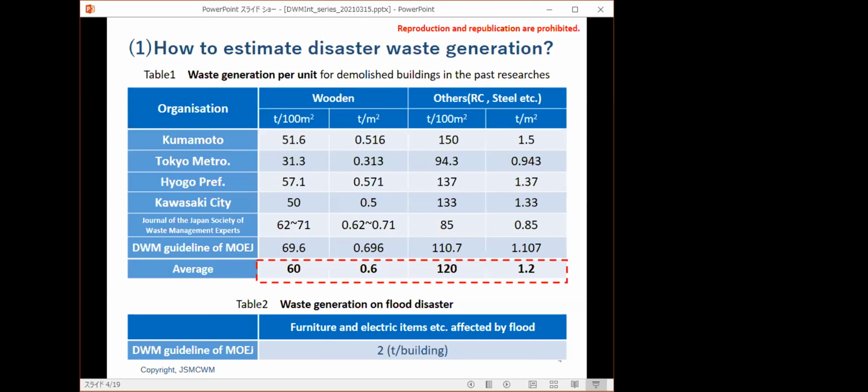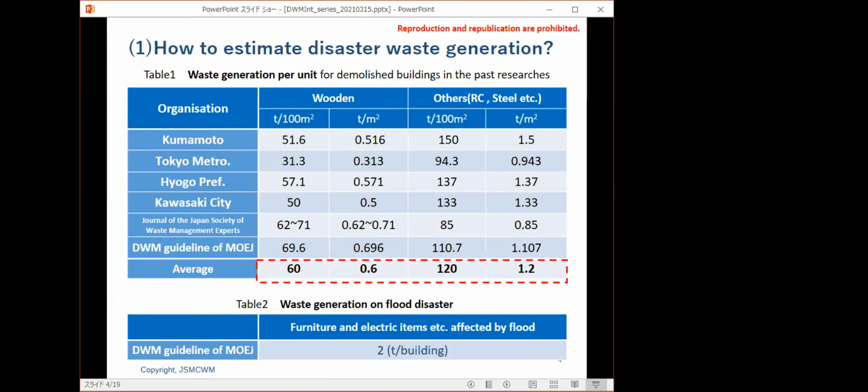So the waste generation per unit for other buildings is around 120 ton per 100 square meter, or 1.2 ton per square meter. So these numbers are used for the estimation of disaster waste generation, especially in Japan.